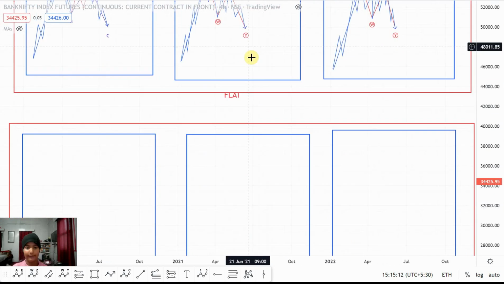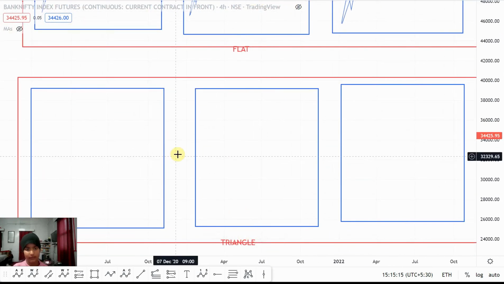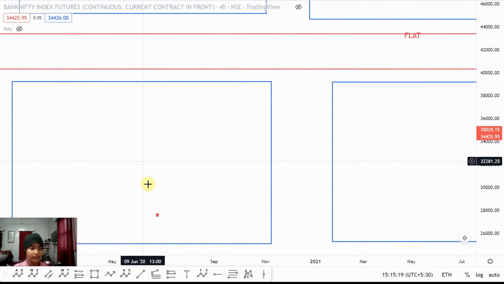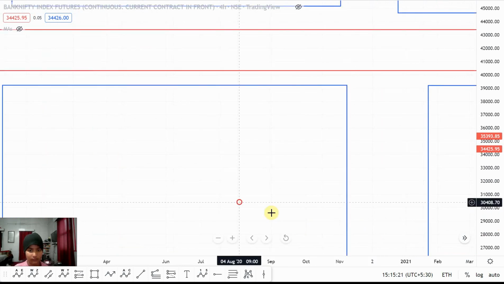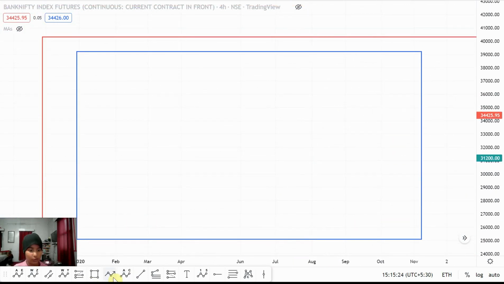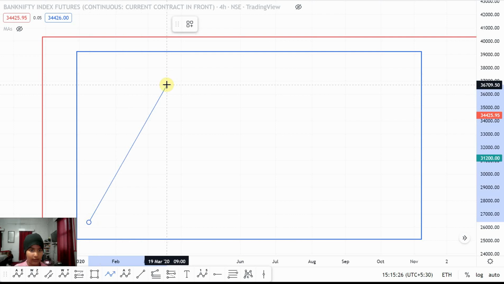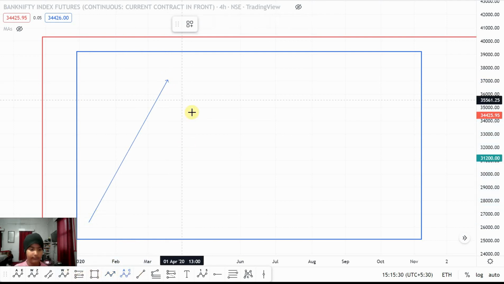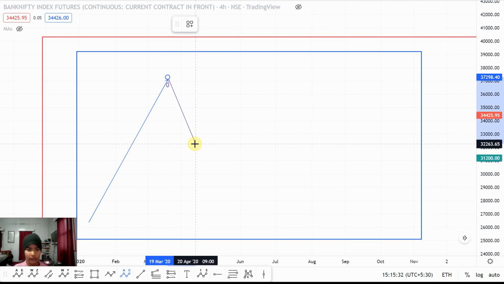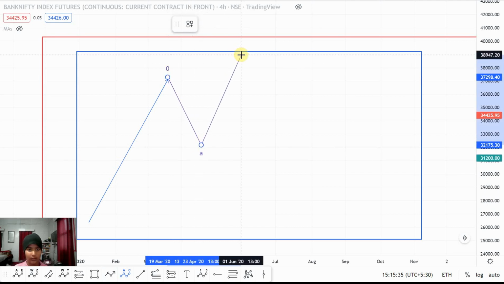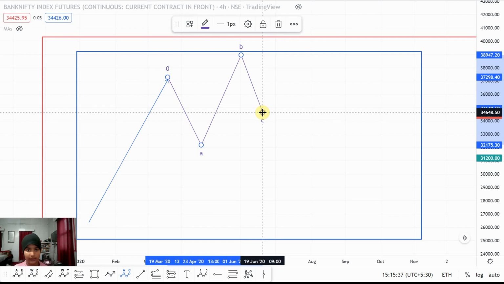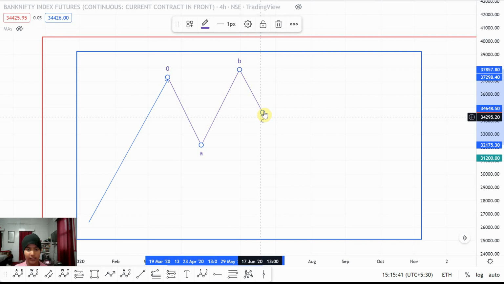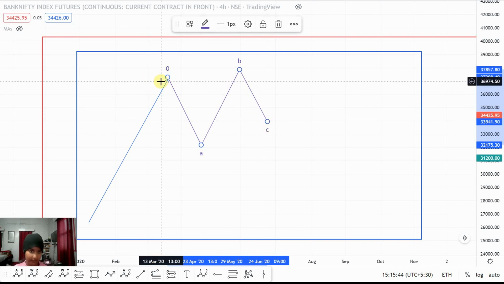Now let's come to our flats. Of course impulse, A, B, C. So this is a running flat.